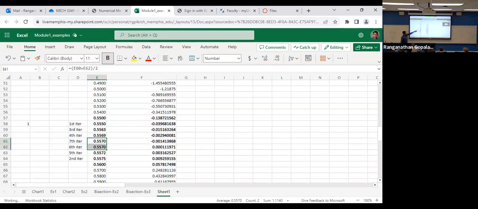But if you look at the 6th and 7th iterations, this is 0.5570 and this is also the same, but if you add more decimal points, it will show up more numbers. So if you are just interested down to 4 decimal points, any variation is only after the 4th decimal point. So you can write now a statement at the end saying x equals 0.5570, the 0 is important, 0.5570 with error less than 0.01, number 1.